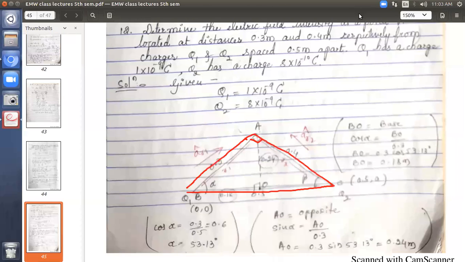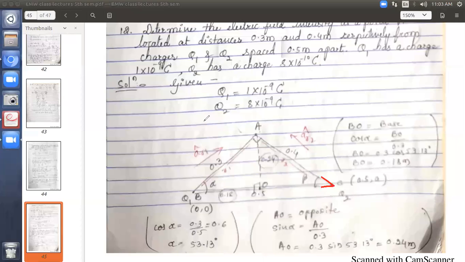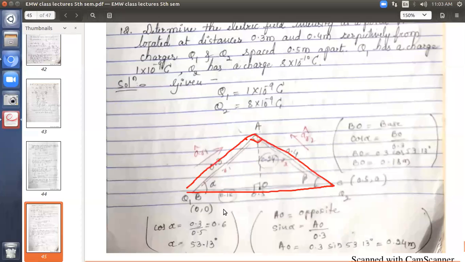Okay, somebody has answered. Let me see. What is that 180? I did not get it, Mehtab. What is 180? Angle. Where is that 180 angle?